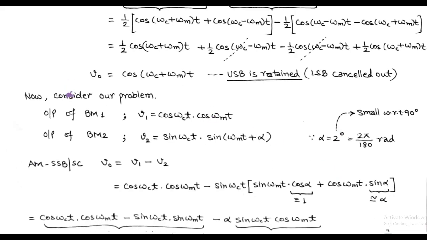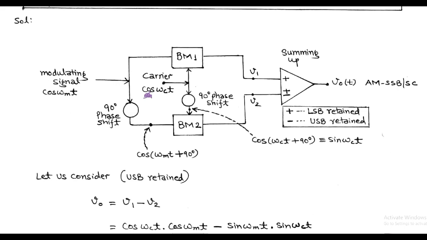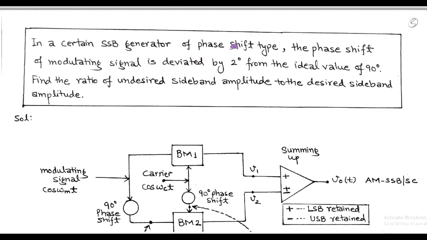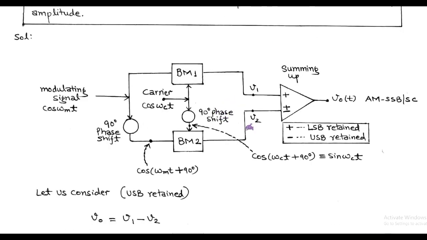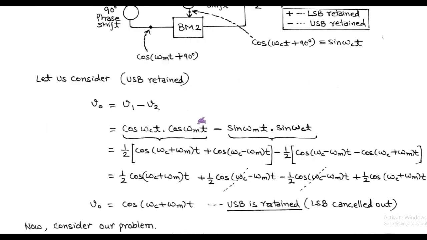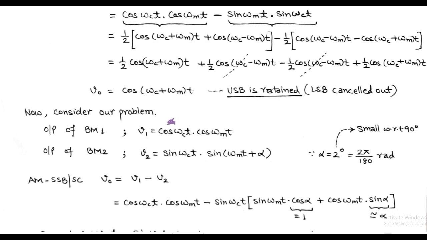Now we consider our problem. According to our problem, the phase shift of the modulating signal deviates by 2 degree from the ideal value of 90 degree, and we have to determine the ratio of undesired sideband amplitude to the desired sideband amplitude.